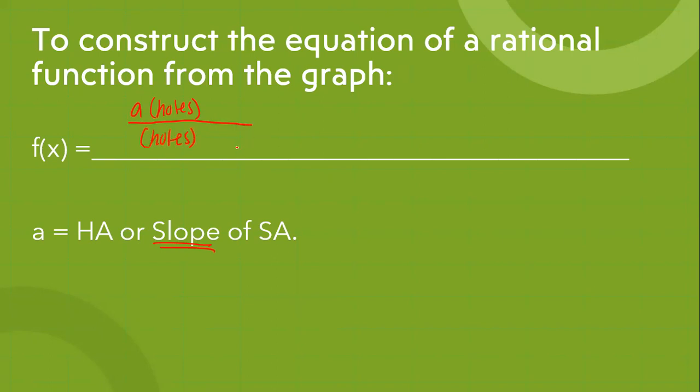After that, we found the factors of our x-intercepts, and those only go in your numerator. And lastly, we found the factors of our vertical asymptote, and that goes in the denominator. By putting it all together, that's how you get your function.